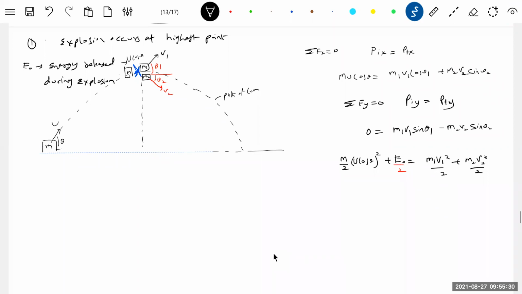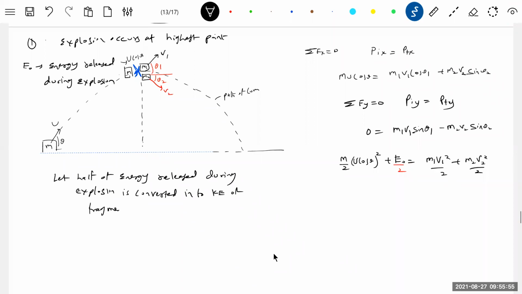Let me put a condition that half of the energy released during explosion is converted into kinetic energy of fragments. Then I'm able to write this. Otherwise, I should not write it.